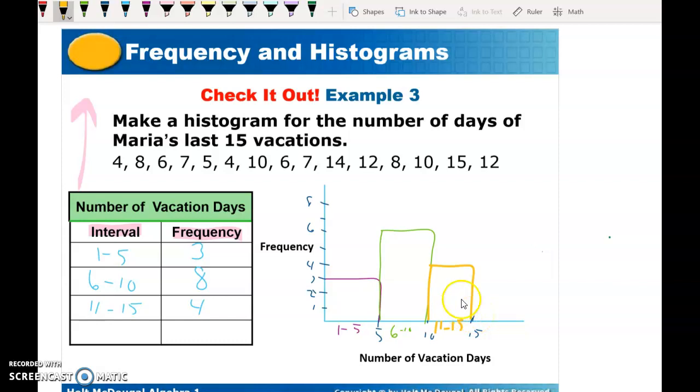Okay. So one question you might be asked about a histogram was you may be asked to look at a histogram like this and find the total number of vacation days.